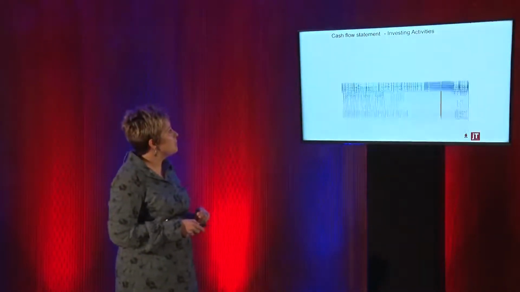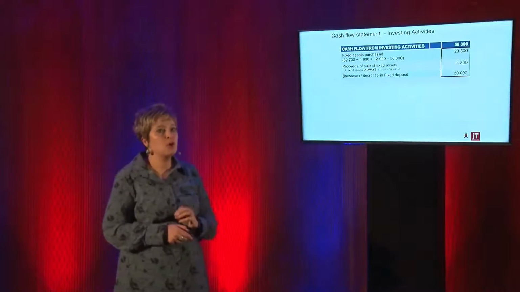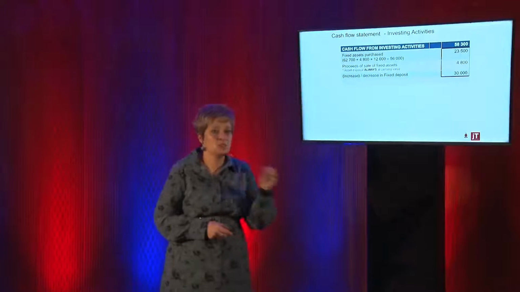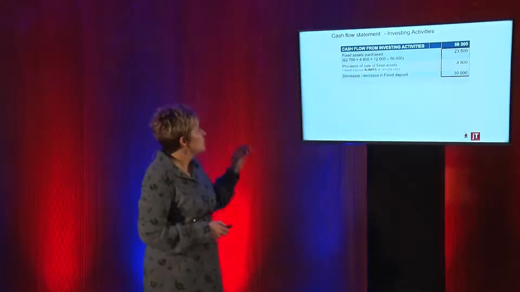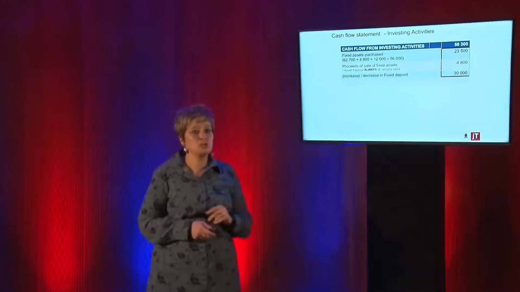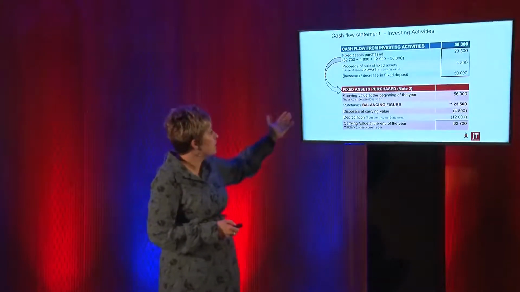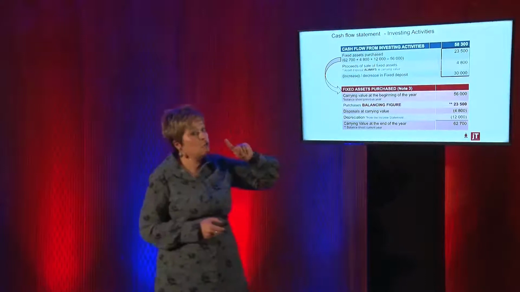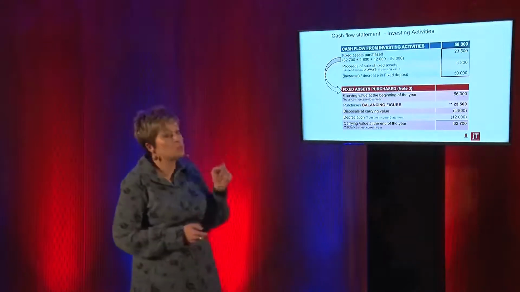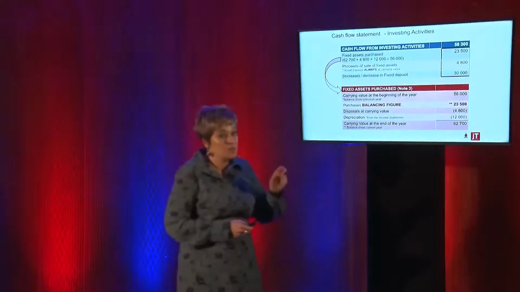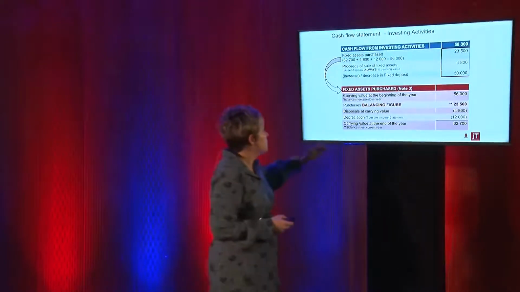So if we look at the second part, cash flow from investing activities, this, guys, is really super easy. You take your fixed assets purchased, so you look at what we had last year, the carrying values. Remember, now we want the cost price because that is what your purchase price will be, and they are working with carrying values. So we're just going to have to work back depreciation.